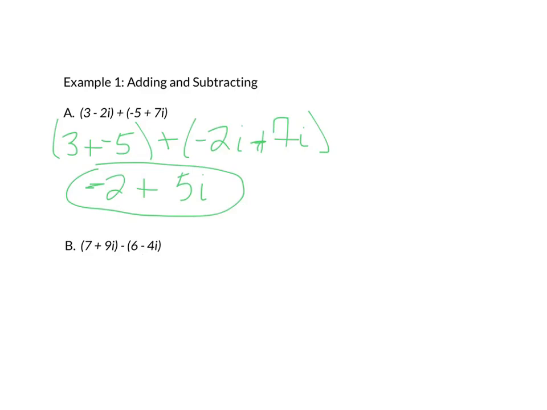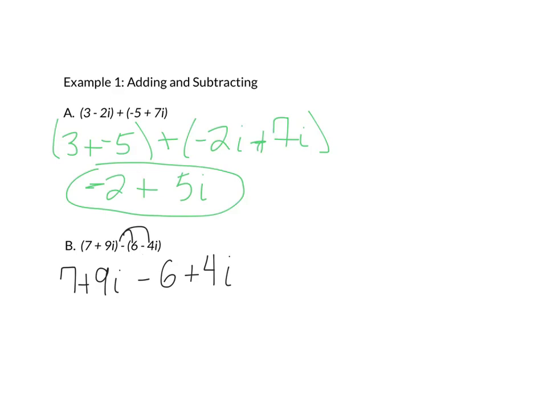Now let's look at the subtraction one. We have 7 plus 9i minus the quantity 6 minus 4i. So let's distribute that negative into both of those. That gives us 7 plus 9i minus 6 plus 4i.